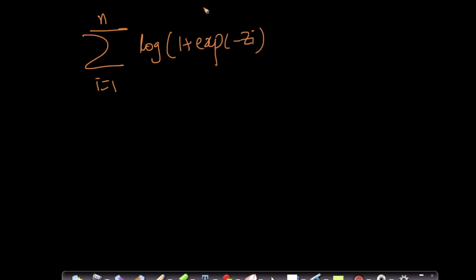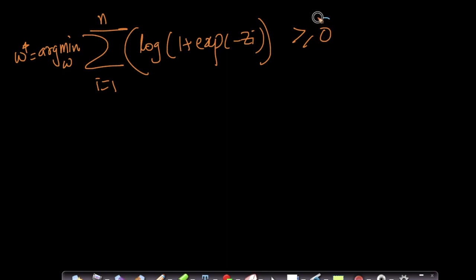So our optimization problem is the sum from i equals 1 to n of log of 1 plus exp of minus zi. Now this whole sum is always greater than or equal to 0, because for each zi, this value is greater than or equal to 0. So the total sum is greater than or equal to 0. Our optimization problem was to find the w star that minimizes this whole term. And what is the minimum value?